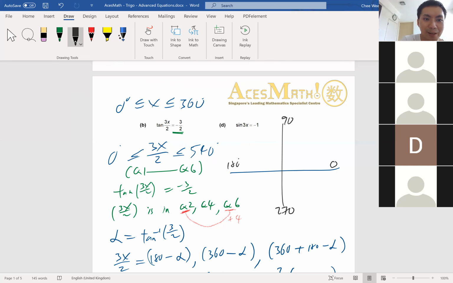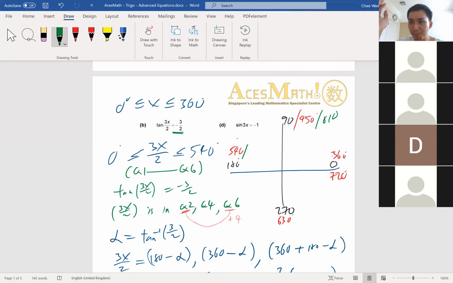But if you carry on, this will be 360, 450, second revolution, 540, then 630, 720, then 810 and so on. So it's always plus 90 degrees.